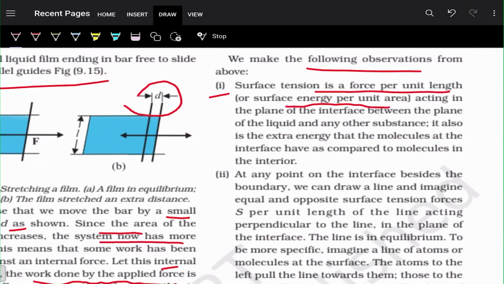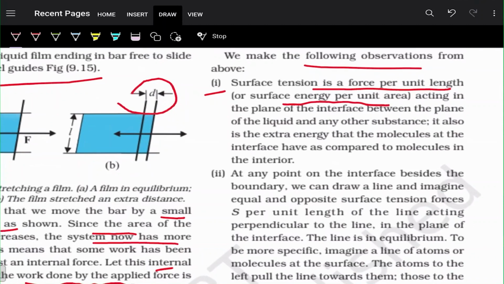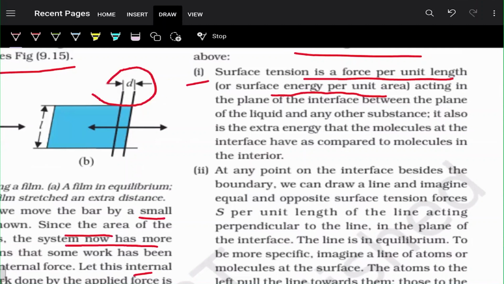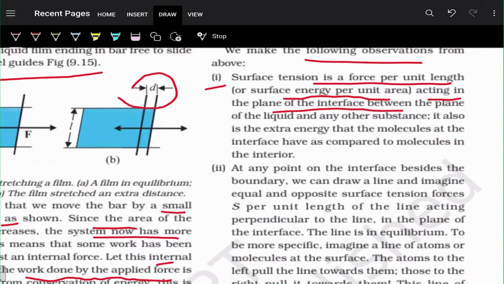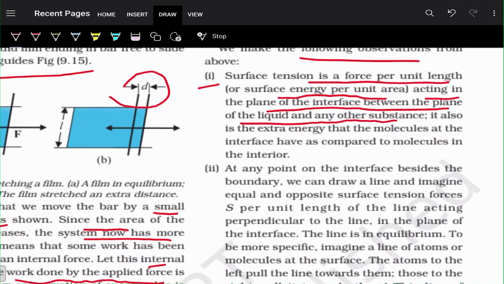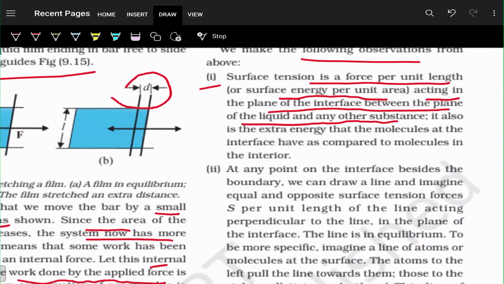Either force per unit length or surface energy per unit area acting in the plane of the interface between the plane of the liquid and any other substance. Where is it acting? Acting in the plane of interface between the plane of the liquid and any other substance.